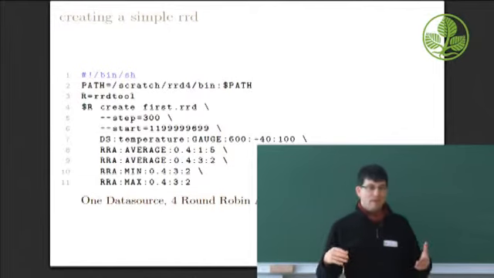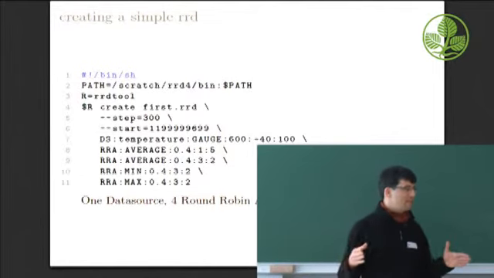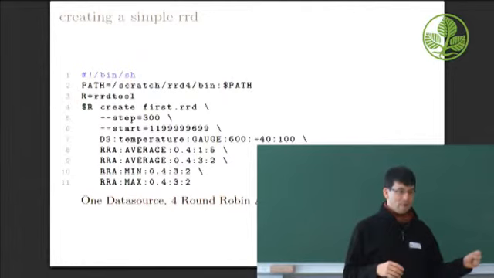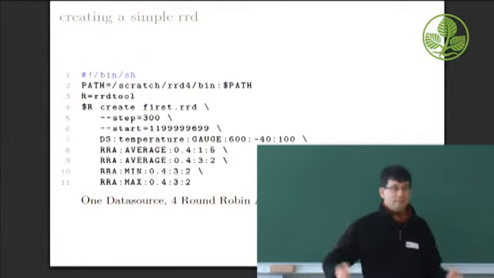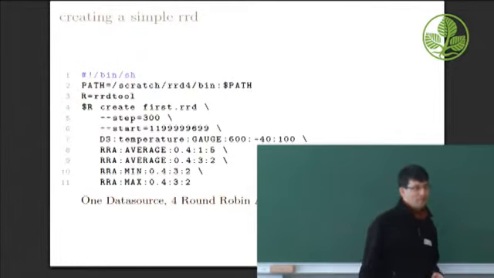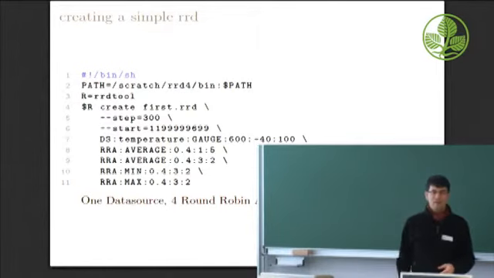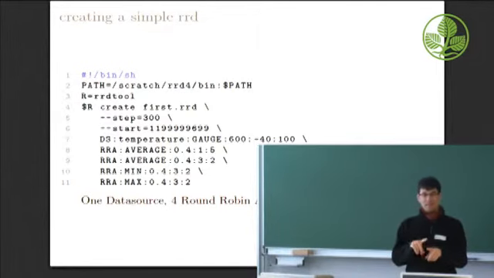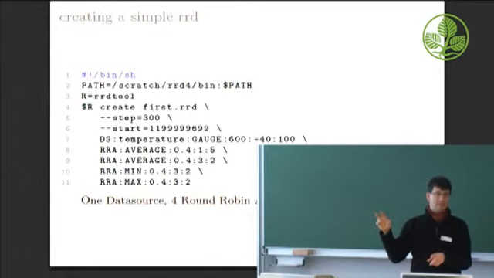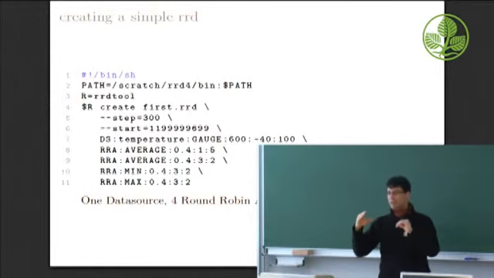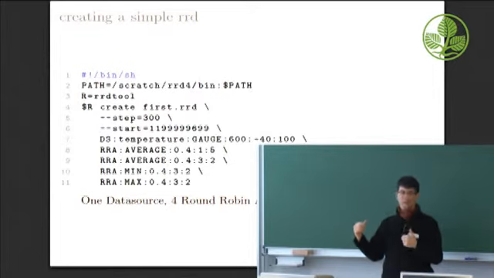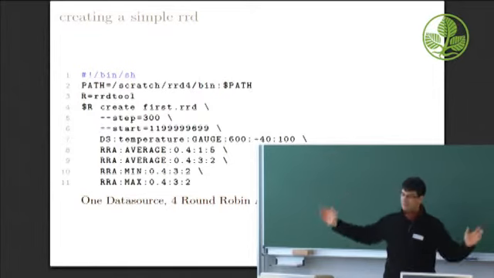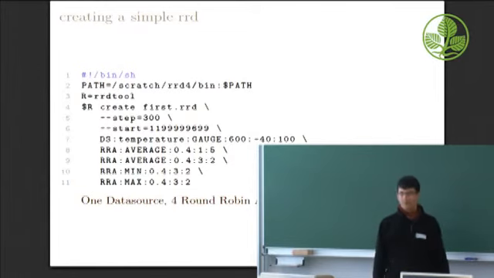So if I know that my router interface can transport between 0 and 1 gigabit of data, I'd set my limits to 0 to 1 gigabit divided by 8, because it's octets on the router interface, not bits. And then RRDtool will make sure that the data which is coming in actually complies with these rules. And if it's outside, it'll again store unknown.